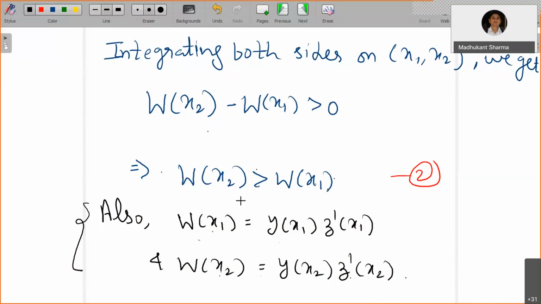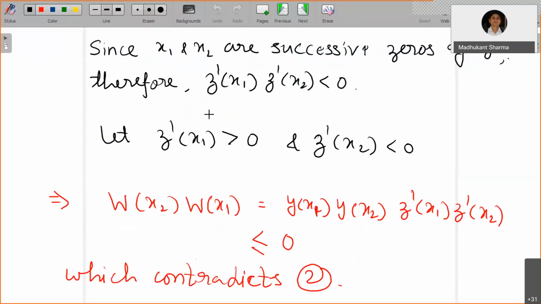Now if you multiply W of x1 into W of x2, what we observe is that W of x2 into W of x1 is less than or equal to 0. Why? Because of y at x1 into y at x2, which may be equal to 0 or not.